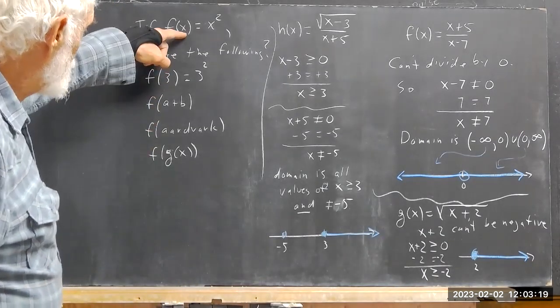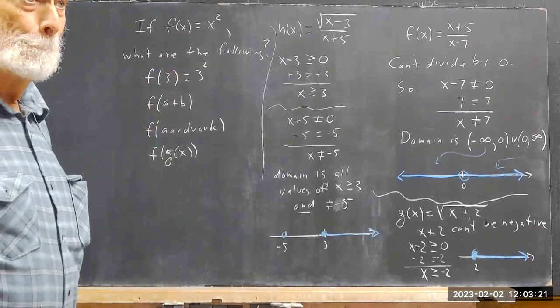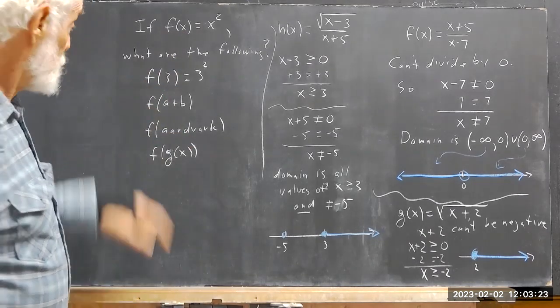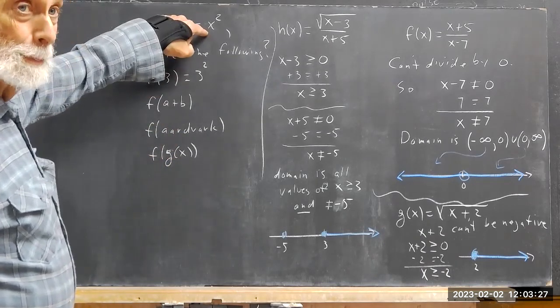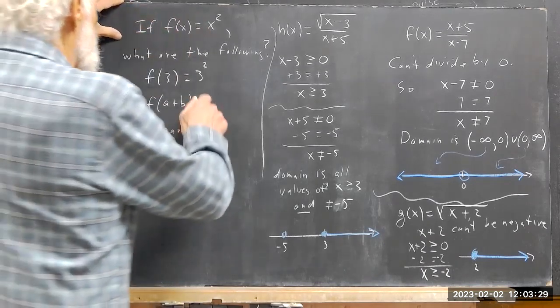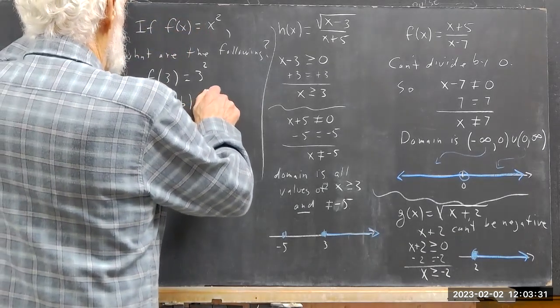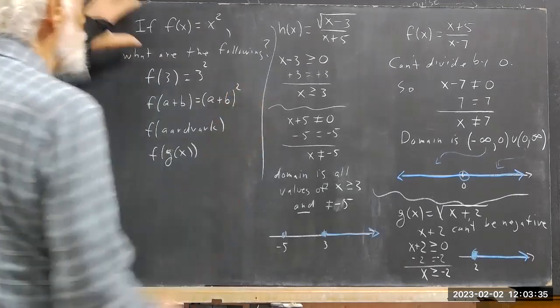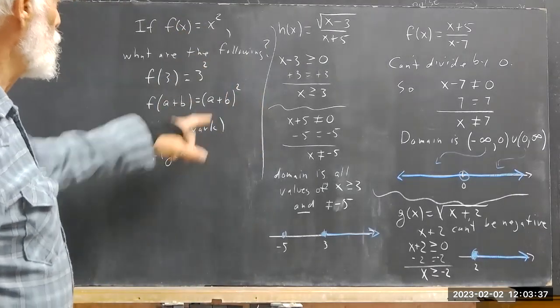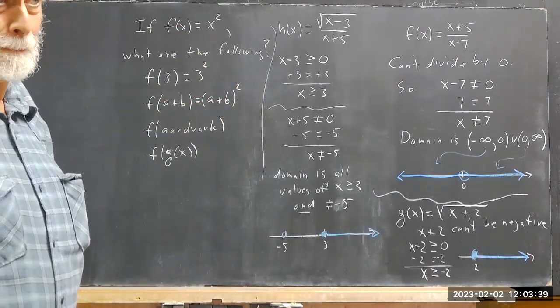Well, now x is a plus b, right? Because we've replaced x by a plus b. That means this x has to be a plus b. And of course, x is squared, so the whole a plus b has to be squared.